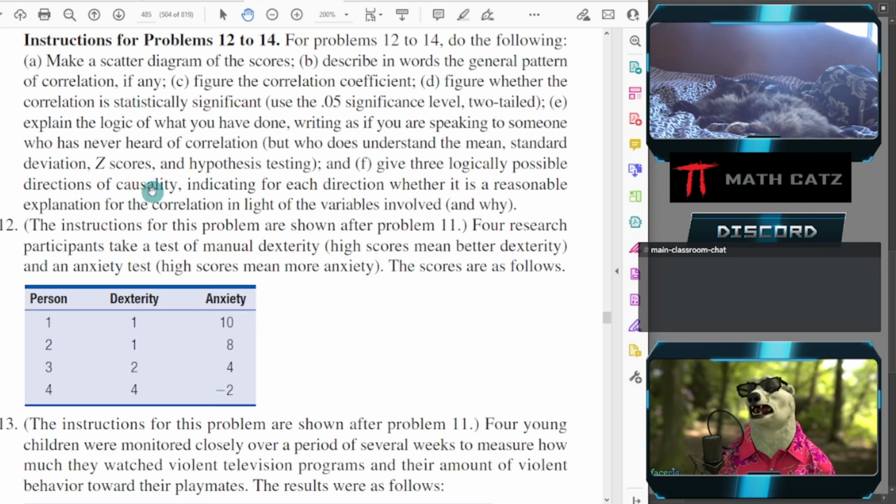There are three possibilities: that dexterity directly affects anxiety, that anxiety directly causes or affects dexterity, or that some third variable affects both.